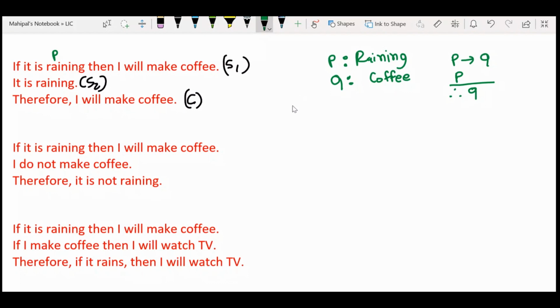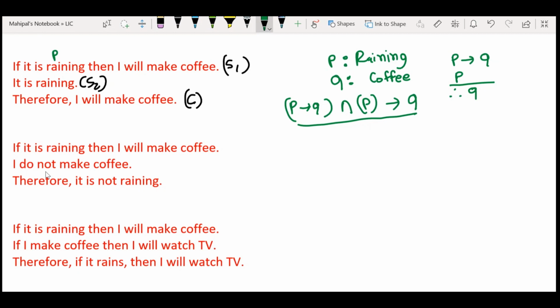So basically what we have shown here is that if P implies Q is correct and P is correct, then Q is correct. So we are basically trying to evaluate this particular compound proposition.